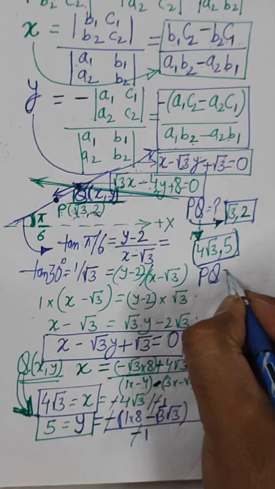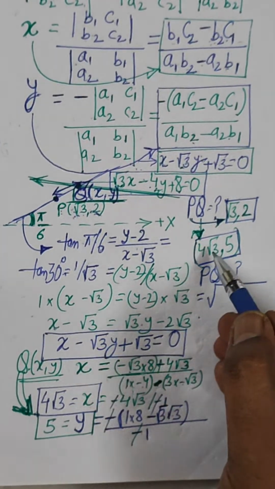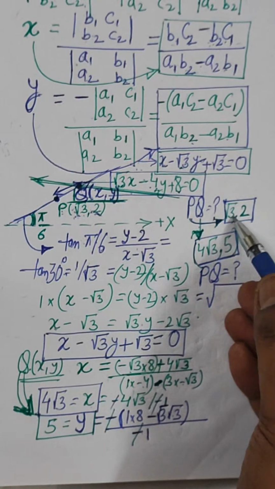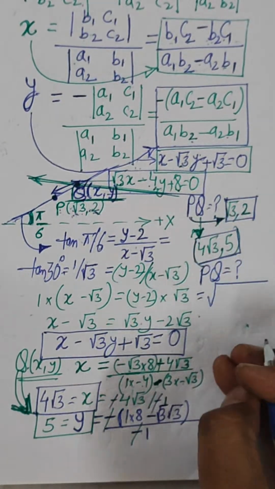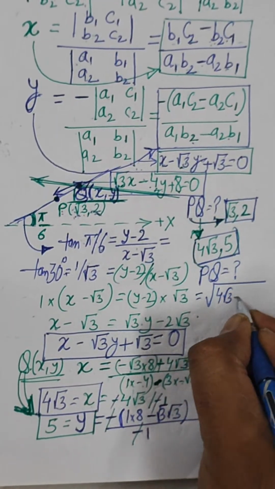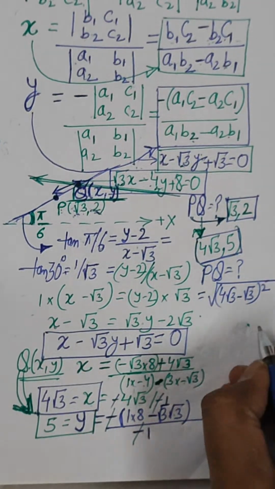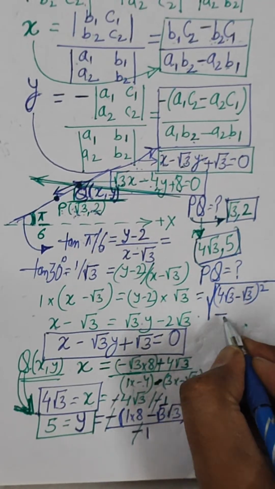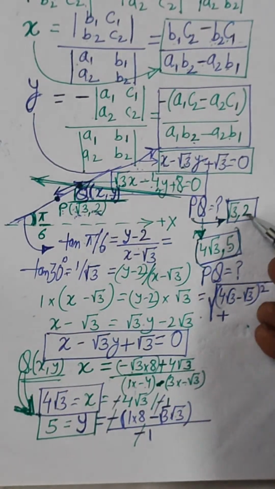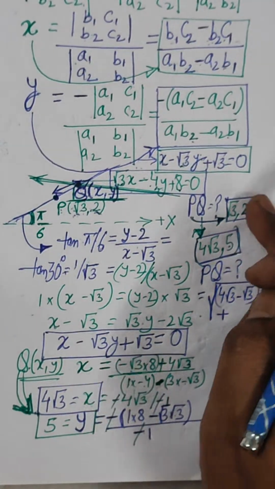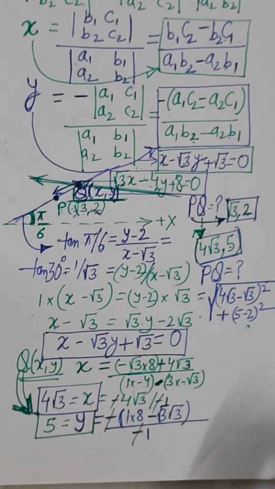So PQ is nothing but root over of x2 minus x1 whole square, so 4 root 3 minus root 3 whole square, plus 5 minus 2 whole square. This is the length of PQ.